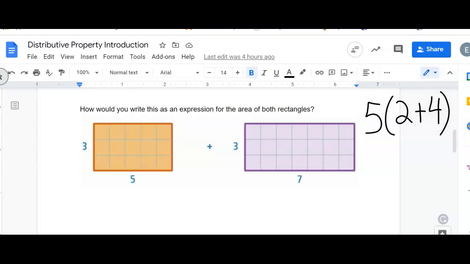5 times 2. Good, we're distributing the 5 to the 2, so that's 5 times 2. If you did not write this right here, please do. You need to show that. Keep going, Bryce. You're awesome. We do 5 times 4. Good. 5 times 4. We did 5 times 2 is 10, and 5 times 4 is 20.